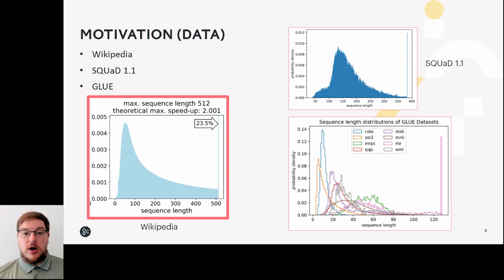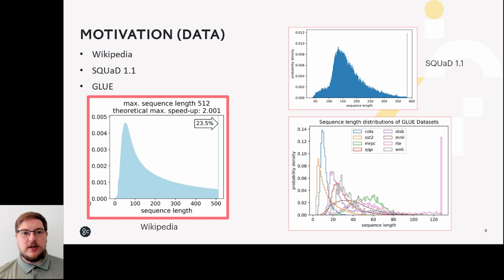So in total, we are wasting 50% of compute because 50% of our data are padding tokens. Only 23.5% of the total data actually have the length 512. All the other sequences are shorter.